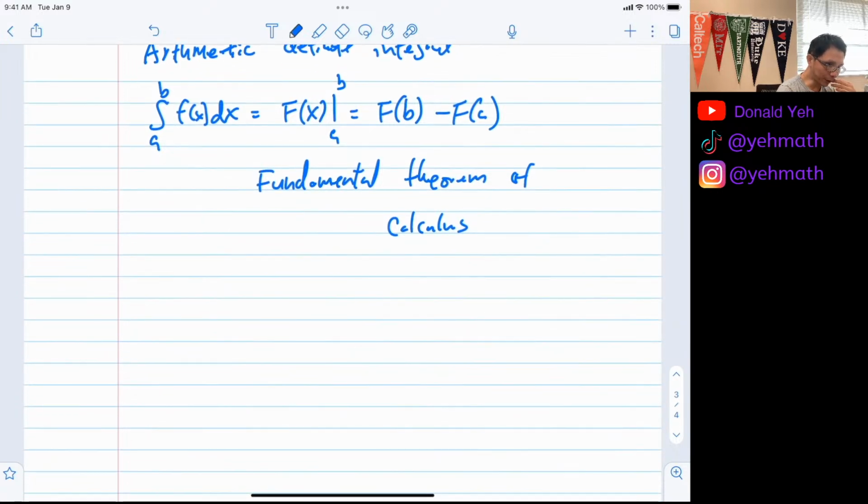So I'm going to show you how to do it. Let's say we integrate x squared minus 5x dx between -1 and 4.